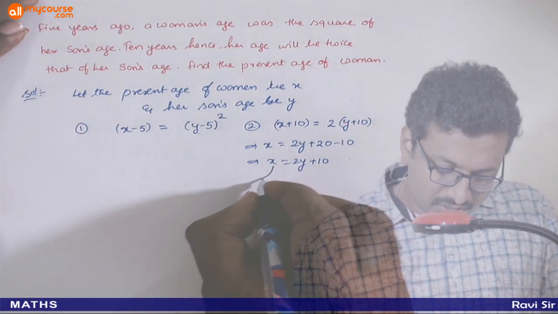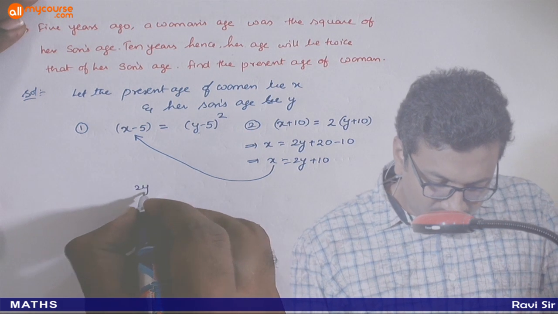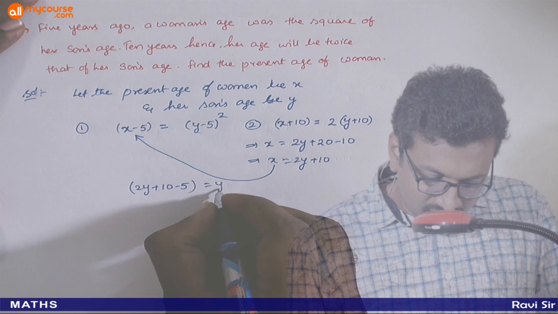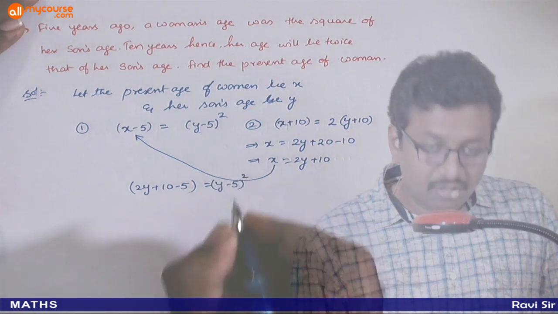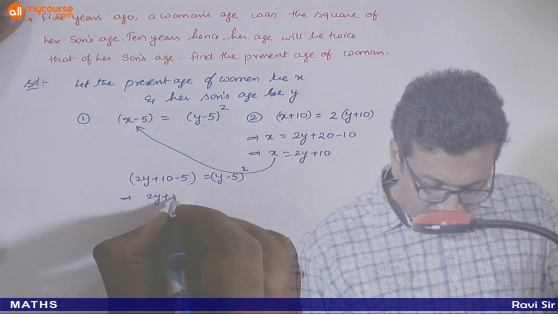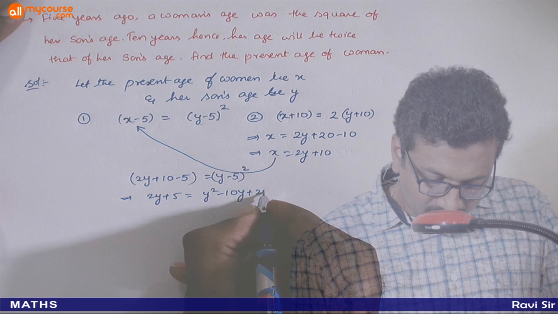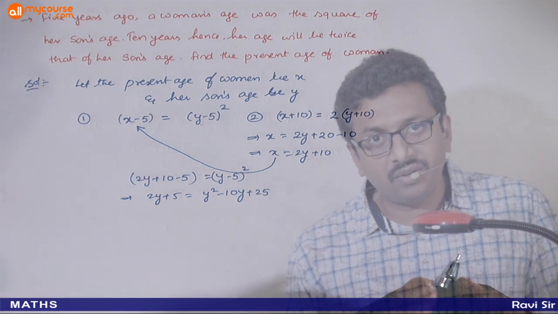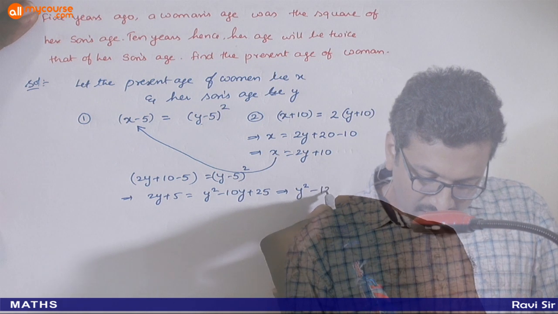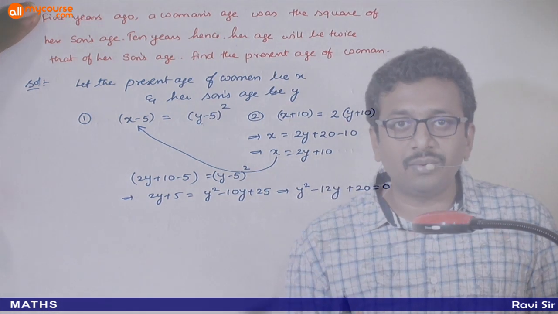Substitute this X here. So 2Y plus 10 minus 5 is equal to (Y minus 5) whole square. This implies 2Y plus 5 is equal to Y square minus 10Y plus 25, which implies Y square minus 12Y plus 20 is equal to 0.